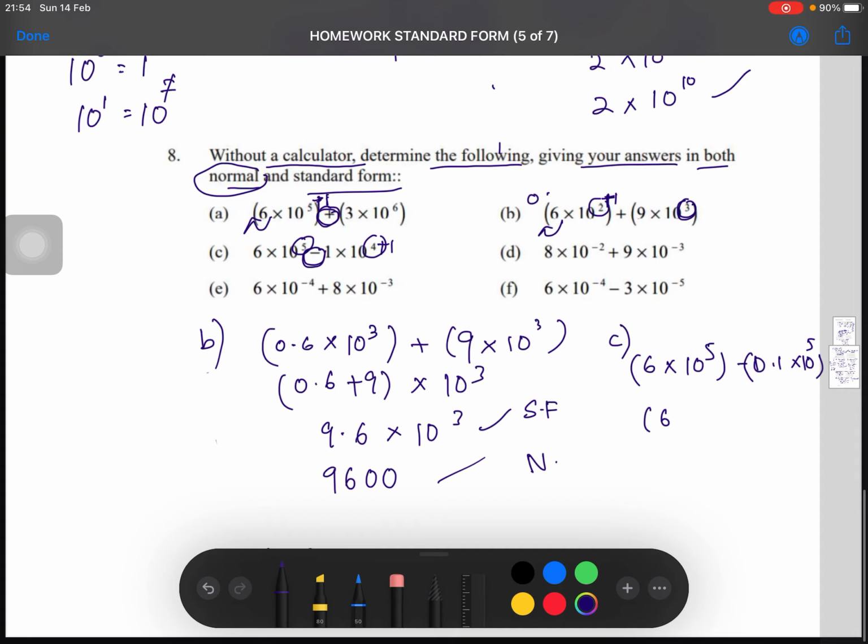Then we proceed, 6 minus 0.1 times 10 to the power of 5. The answer is 5.9 times 10 to the power of 5. Okay, this is standard form. For normal, 590000.